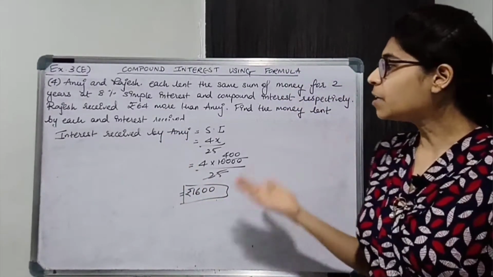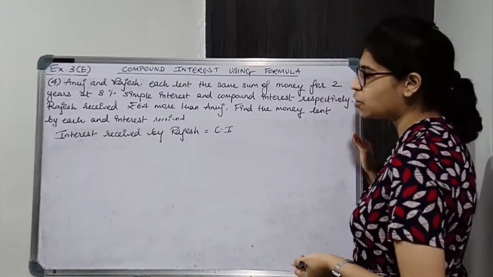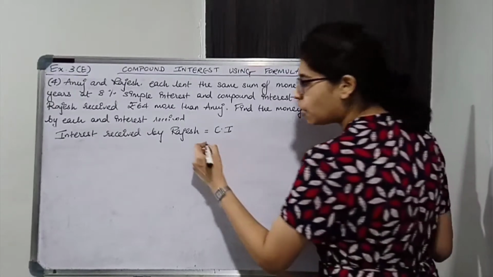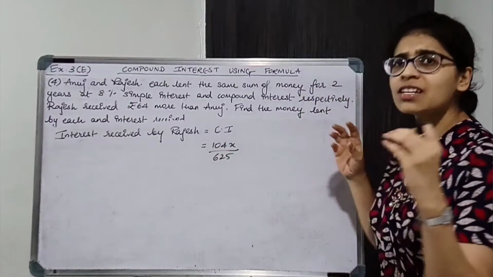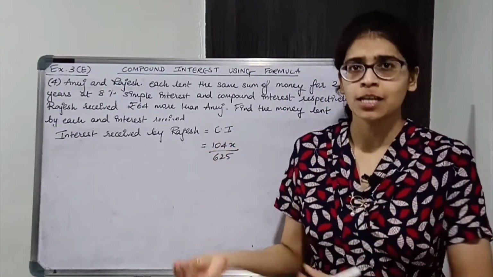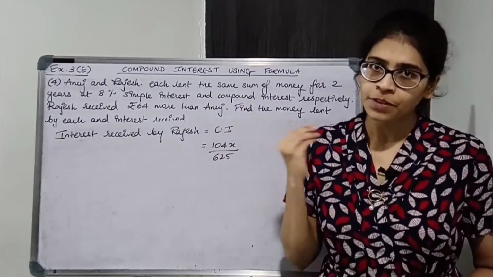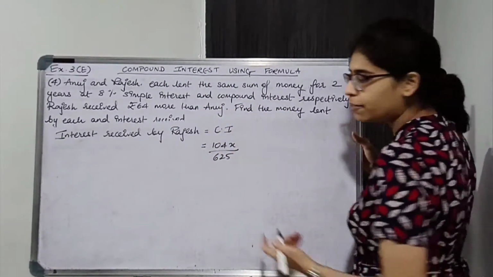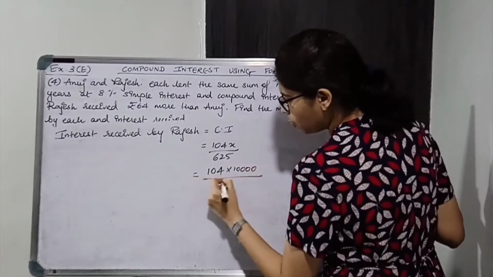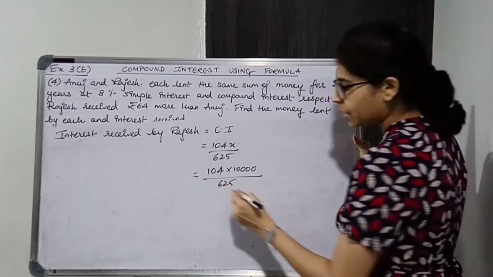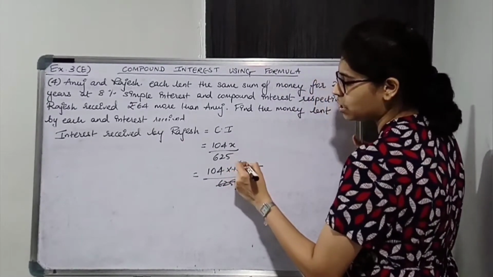Similarly, we'll calculate the interest received by Rajesh. Now the interest received by Rajesh is compound interest. What was compound interest? It was 104x upon 625. So you just have to substitute the value of x in whatever CI and SI we got. So 104 into 10,000 upon 625. 25 25s are 625, 25 4s are 100, and 2 zeros are there.